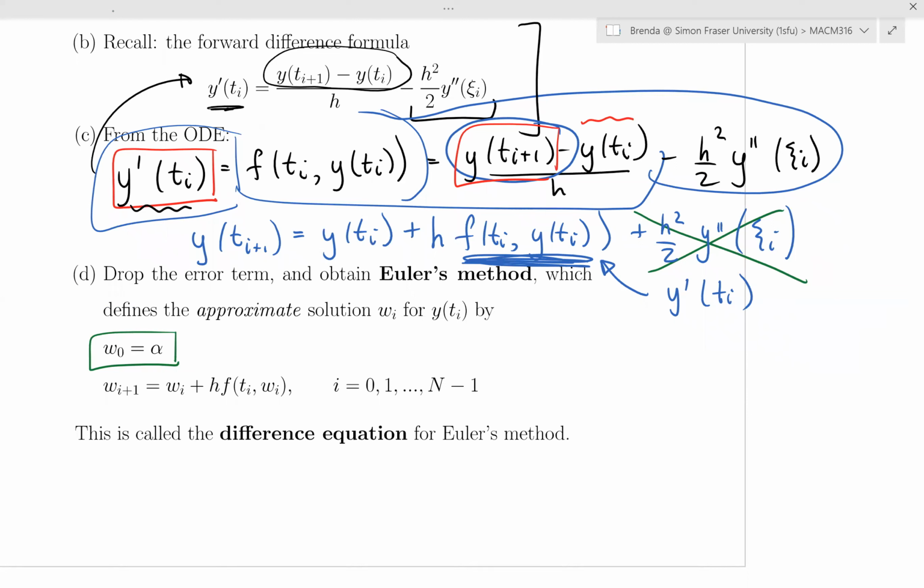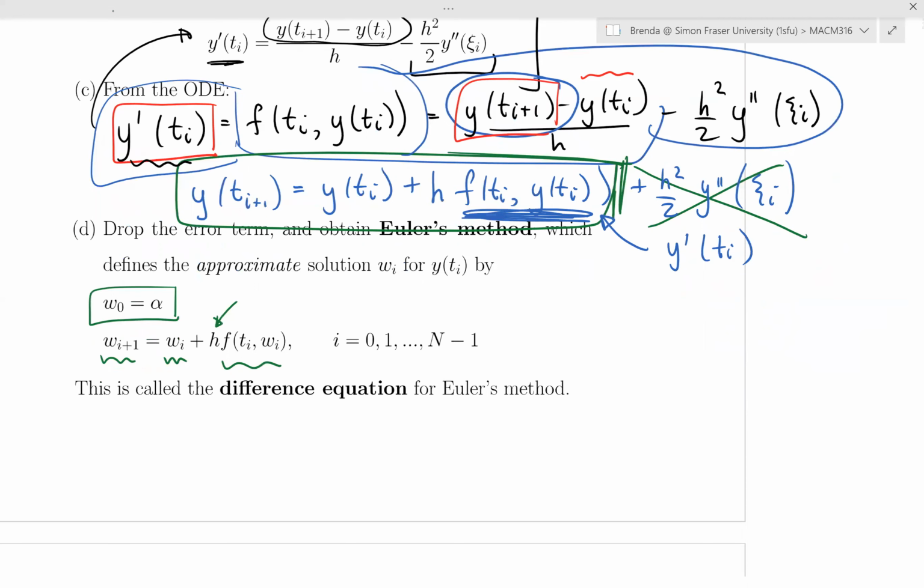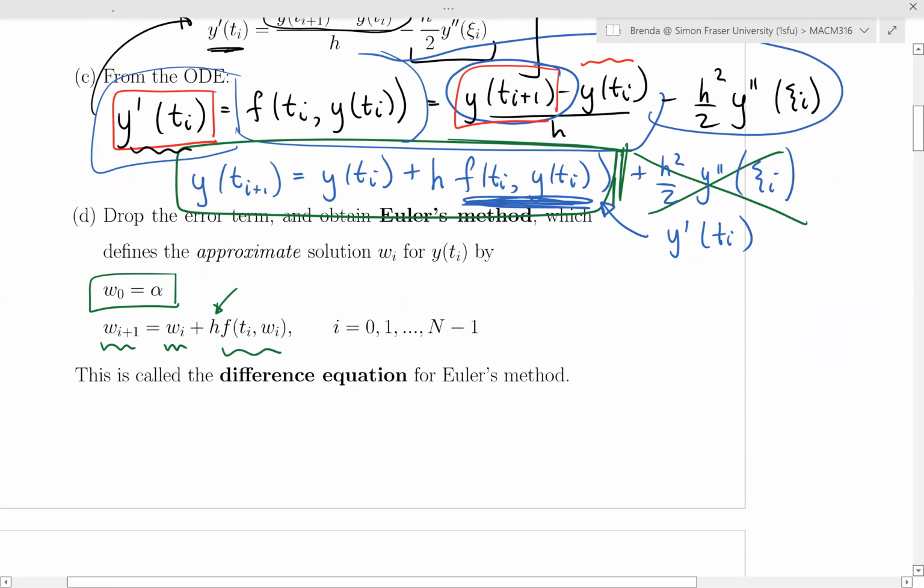Then we take our next approximation for the function to be the previous one plus h, the step size, times the derivative. That is Euler's method, right there. It is this equation with y, the exact solution, replaced with w, the approximate solution. This is called the difference equation from Euler's method.